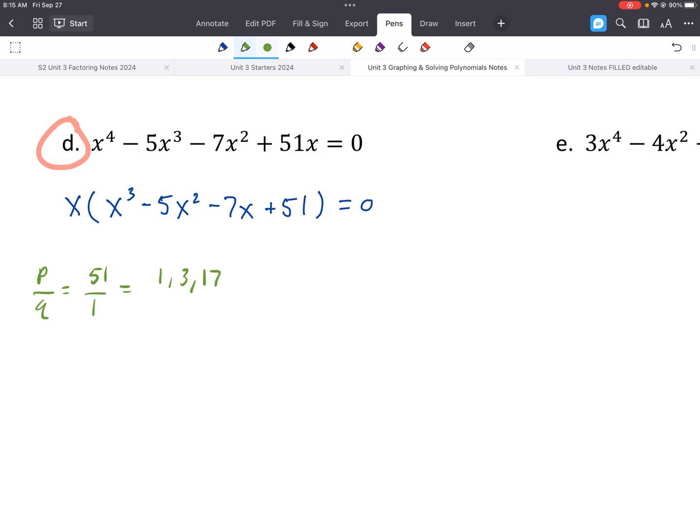Yeah, that's a tricky one. And then 51. Okay, so those are our possible rational roots. Again, I promise I may try to make the homework and the test so that you wouldn't have to get too far. Usually it's one of your first 2, okay, maybe 3.